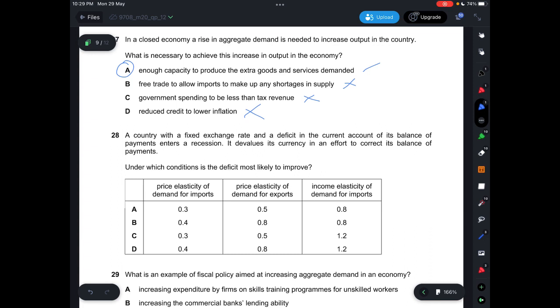The ones here that have PED X plus M more than 1 would be B and D. And then your income elasticity of demand for imports should also be elastic, because when you devalue your currency, imports become more expensive. That means you decrease your purchasing of imported goods. So it has to be more than 1. So the answer is D.